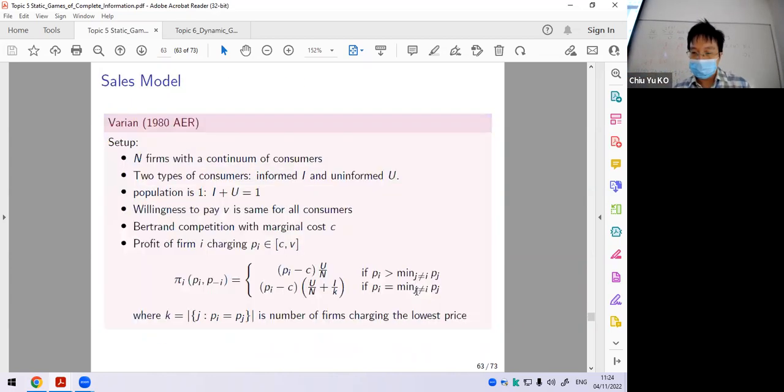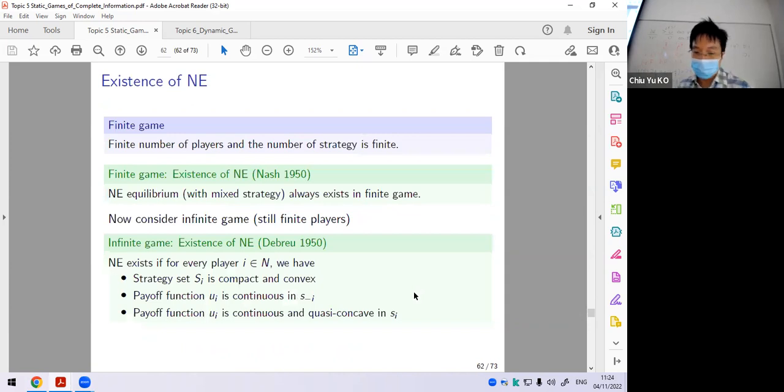Now, I want to mention this before I break, because someone wants to know about existence, and probably everyone wants to know anyway. We focus on a finite number of players and finite number of strategies, which is called a finite game. This is actually a famous theorem by Nash.